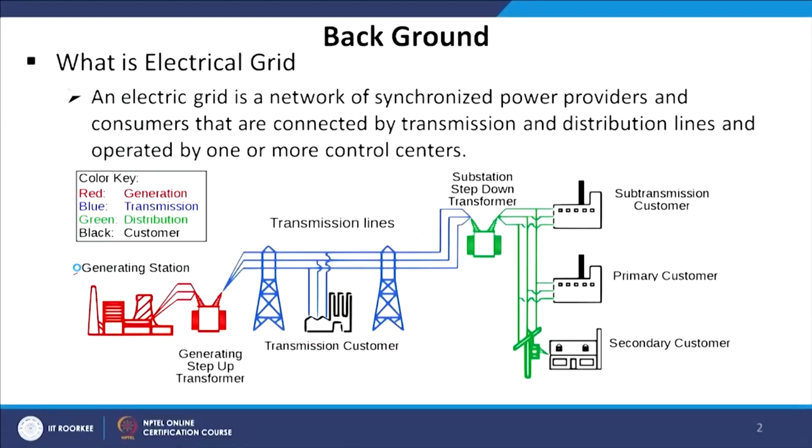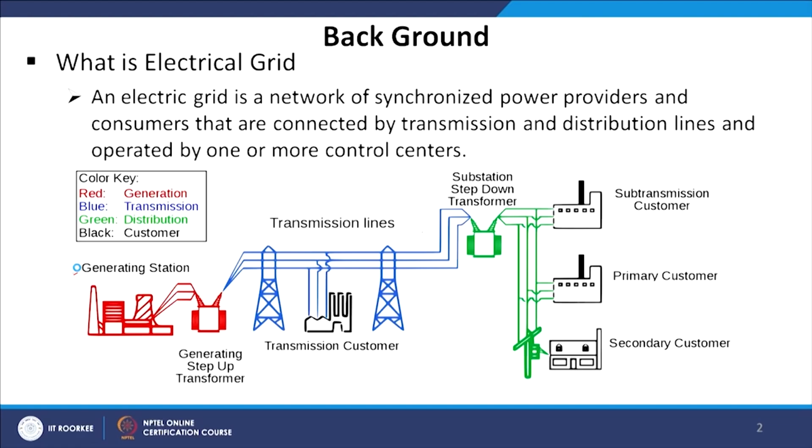Being said that, now you can see the view of the energy grid or electrical grid. We do have generation stations, transmission lines, substation step down transformers, connected across different types of loads.